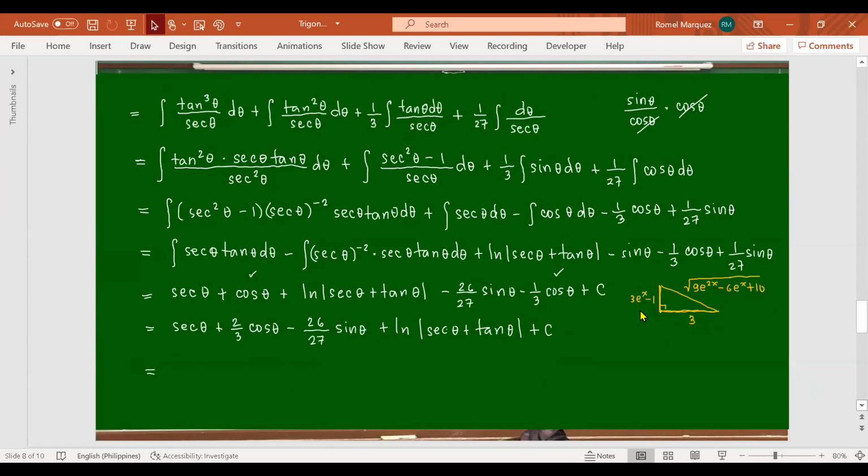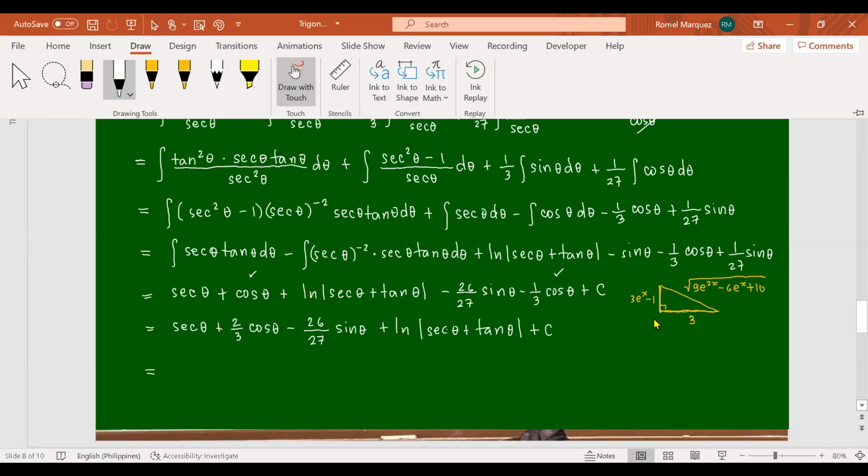Tapos ito, in-square ko to, 9 e to the 2x minus 2 times 3 e to the x, 6 e to the x, so plus 10. Negative 1 plus 9, ay 1 plus 9 pala, sorry. Okay. Let's now substitute.